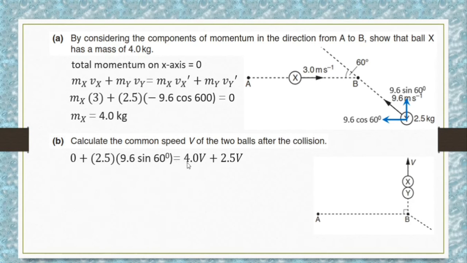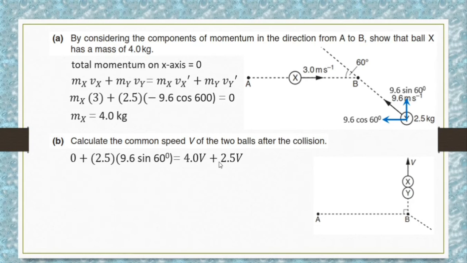It should be equal to mx times V after the collision. After the collision, vx prime on the y-axis is V, and for Y, the mass is 2.5, and after the collision, it moves with the same velocity V.